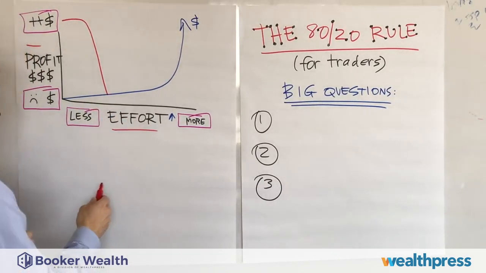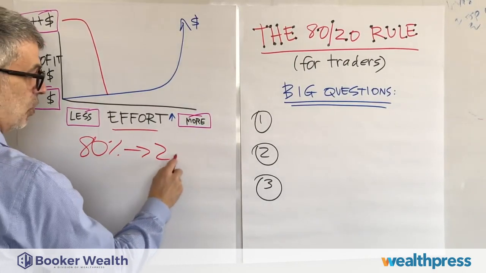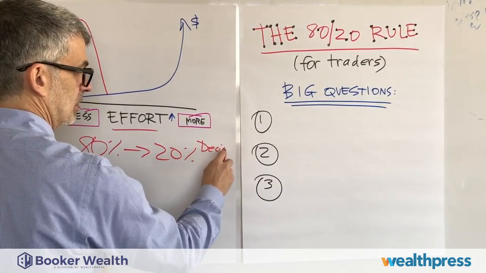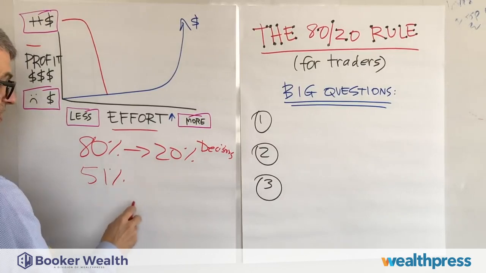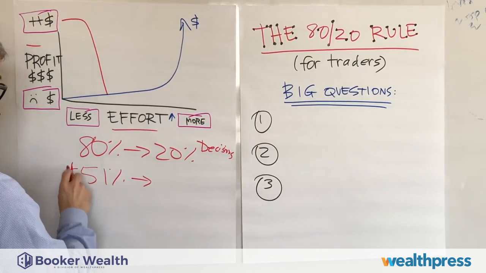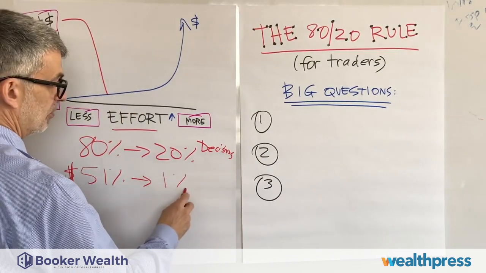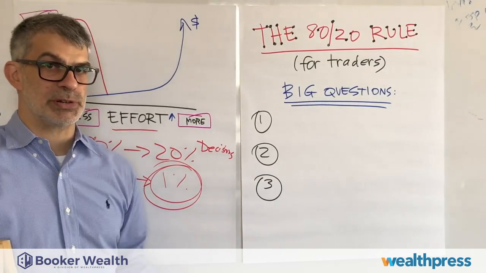I would propose that not only will 80% of your profits come from 20% of your efforts or decisions, but that 51% of your profits, more than half of the money you make as a trader, will come from 1% of your decisions or your efforts.